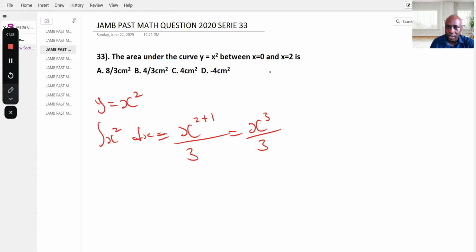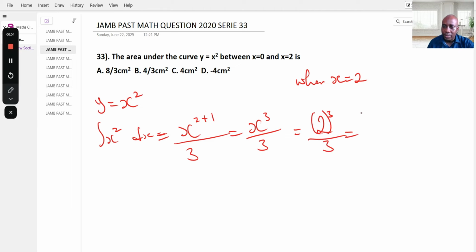Now, the question says x equals what? Equals 2. Therefore, we are going to replace this x with 2. Therefore, 2 raised power 3 over 3.